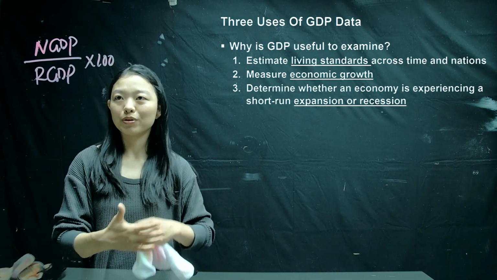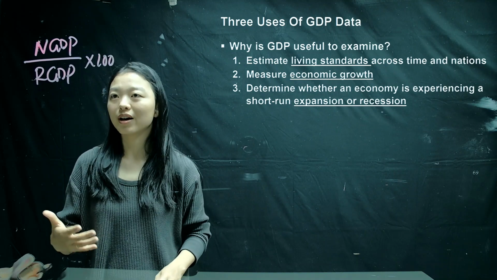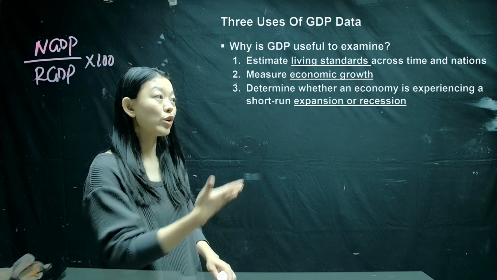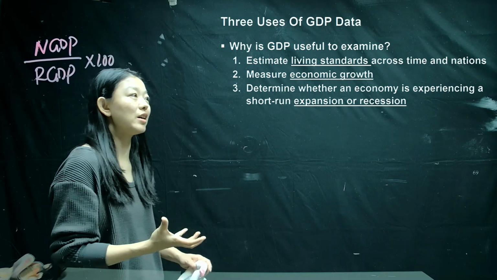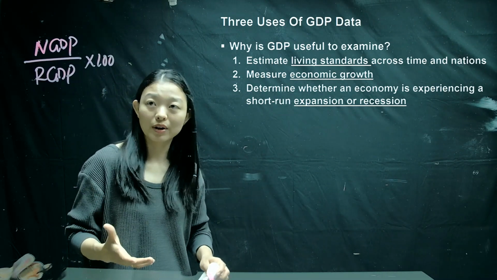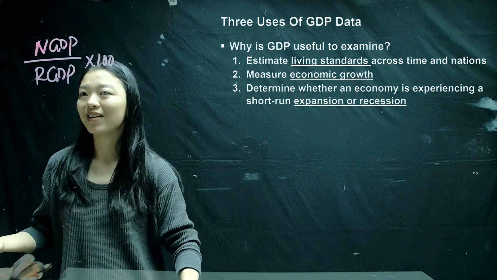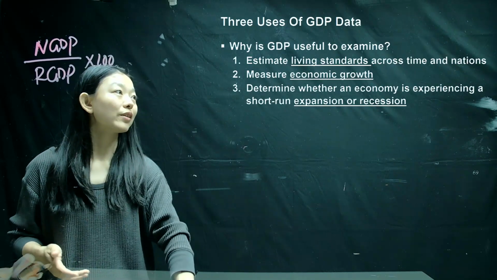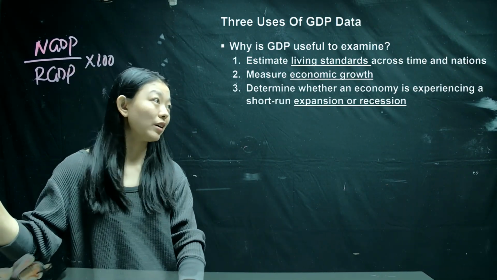And for the second quarter of 2022, the GDP growth rate is still negative, which means we can use this GDP data to say our economy may be experiencing a short-run recession because we have a negative growth rate of GDP. So those are the three major usages of GDP data.